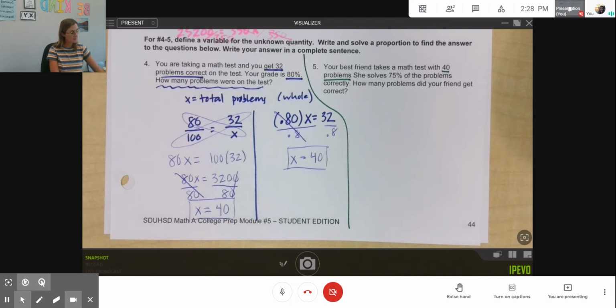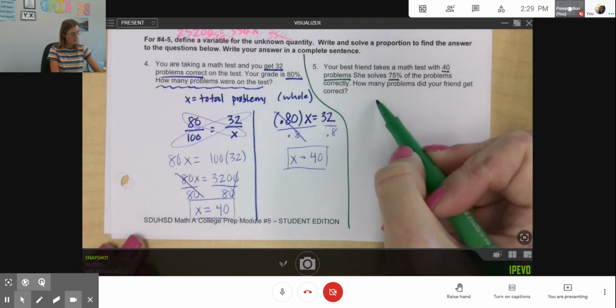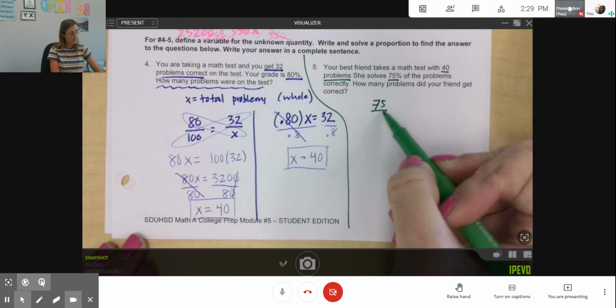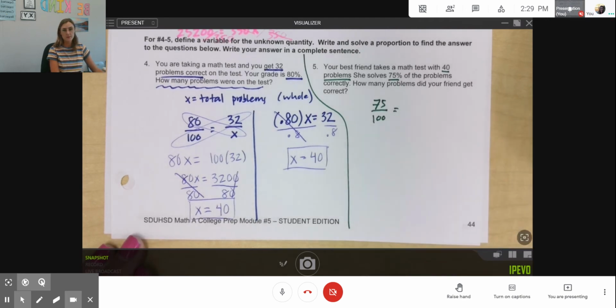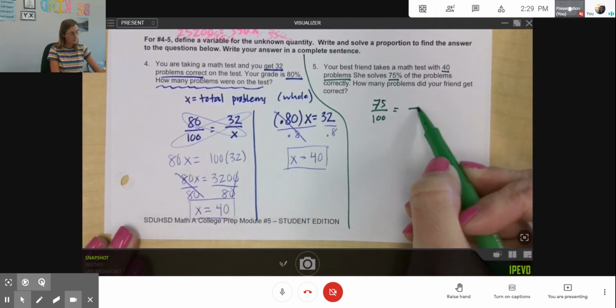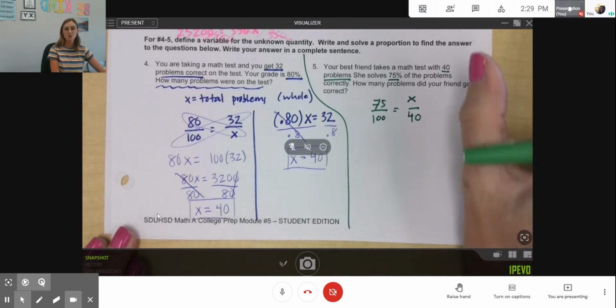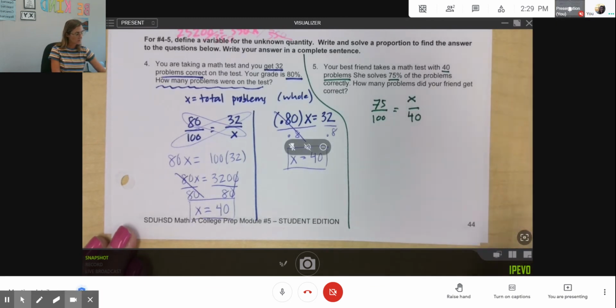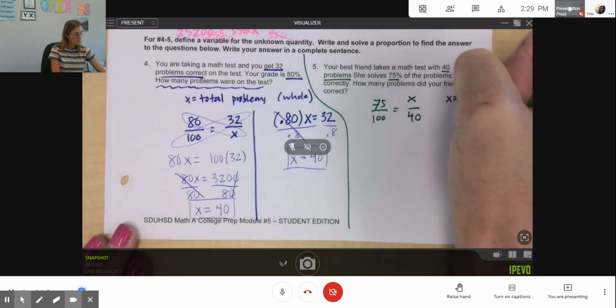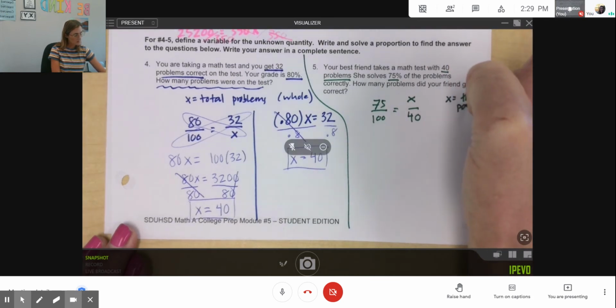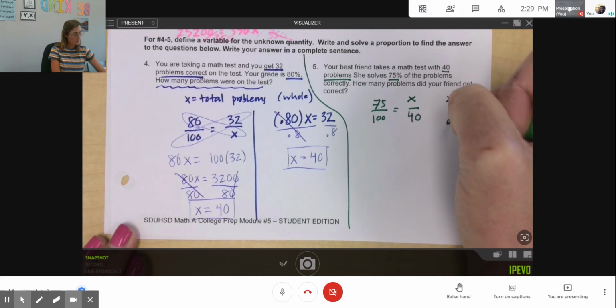And in this case, it gives us the percent, so 75 out of 100. And this time, we now know the total problems, but we don't know how many problems she got correct. So x can be the part or number of correct questions.